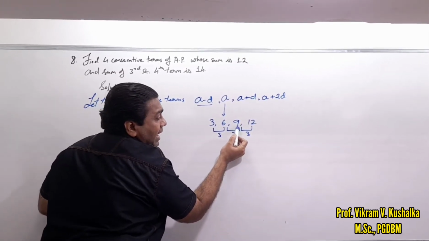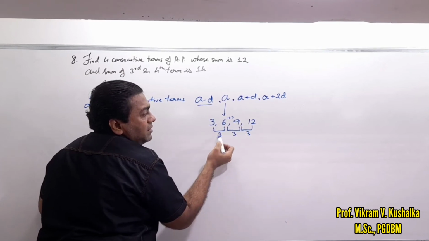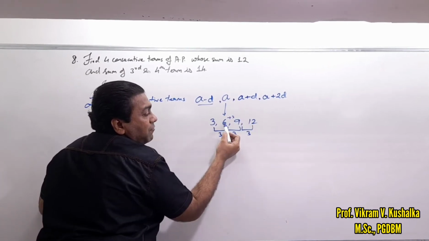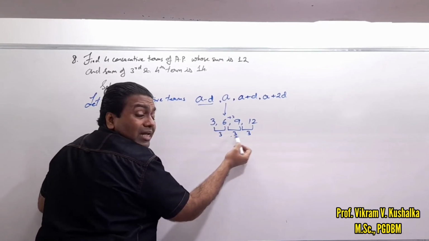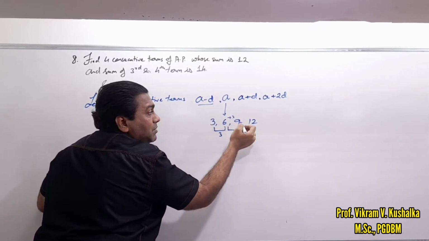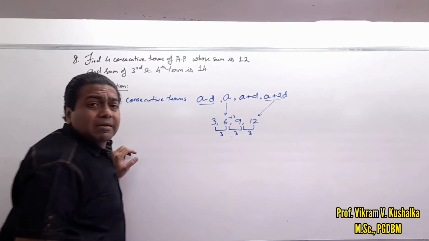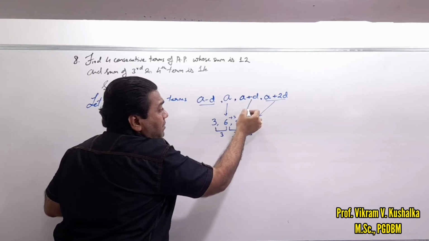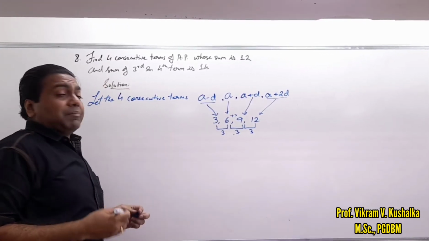And if I relate 9 to A plus D, then this is nothing but 6 plus 3, so that is A plus D. And what is 12? 12 is nothing but 6 plus 2 times 3, that means 12 is going to be A plus 2D. So A plus 2D is represented by 12, A plus D is represented by 9, and A minus D is represented by 3.